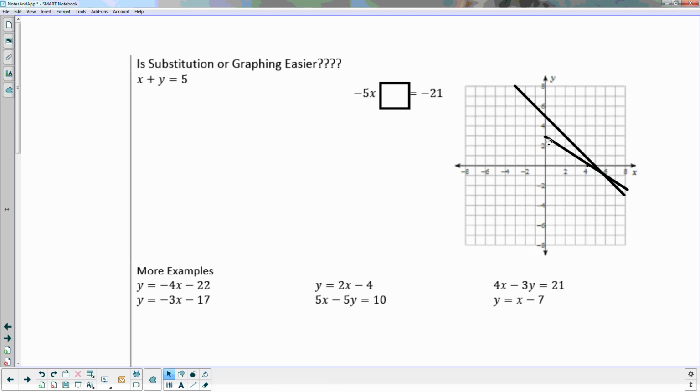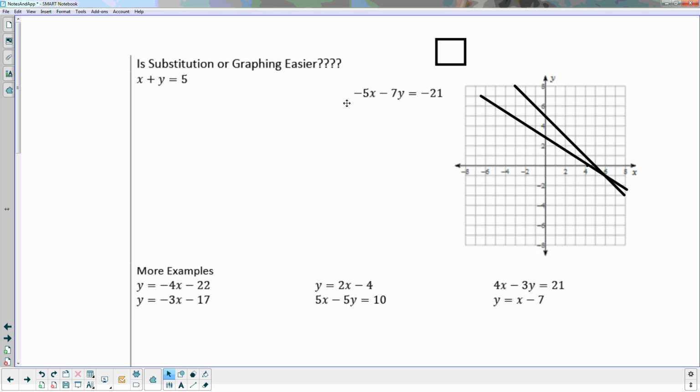I'm not completely sure where yet. And this is just to kind of help us understand. And so I would probably guess, you know, if it was a whole number answer, it's probably at 6, negative 1. But I don't really know that.